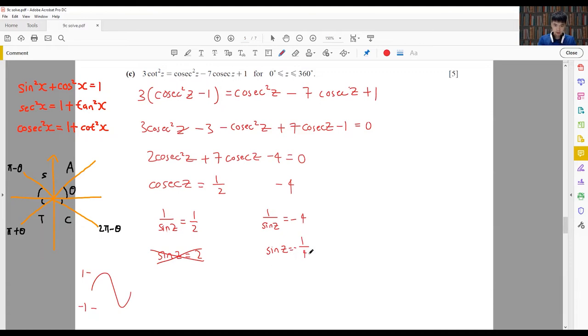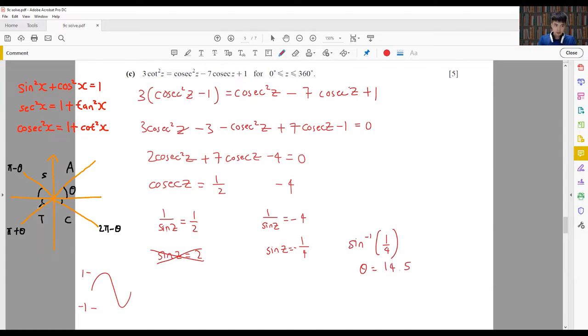Now, if I have this, I can say that I got two values from the negative quadrants of sine, the third and fourth quadrants. Let's type this into the calculator first. Inverse of sine 1 over 4 to get the theta value. Make sure it's in degrees mode. I would have gotten 14.5.